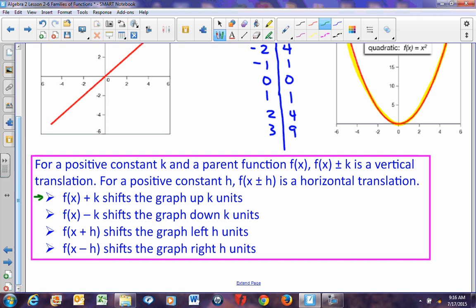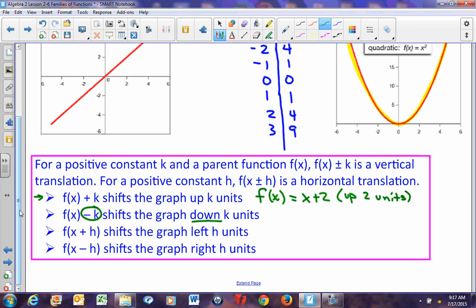So if I had f of x equals x plus 2, my graph would shift up 2 units. It would still have the same exact shape, same exact size. It would just move all of the points up 2 units. If the k was negative, it's going to shift it down that many units.